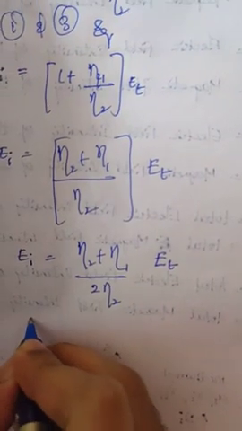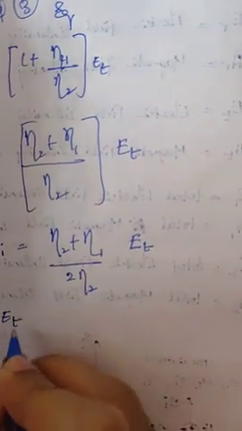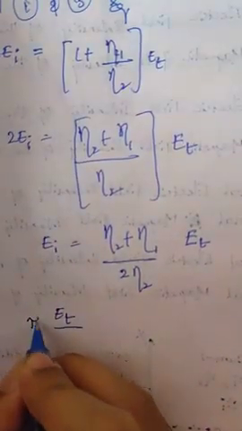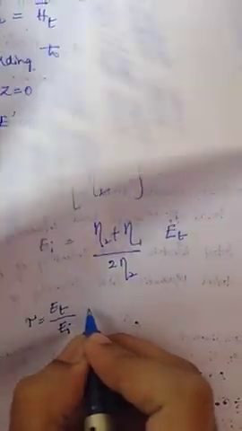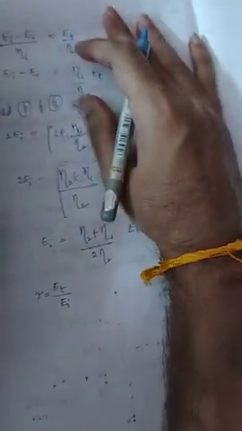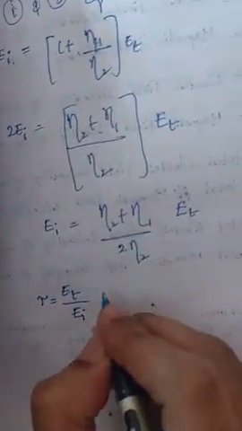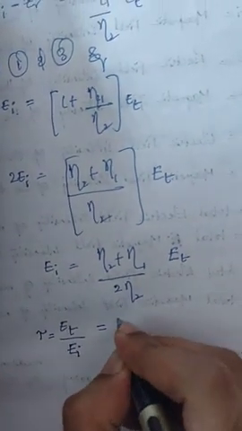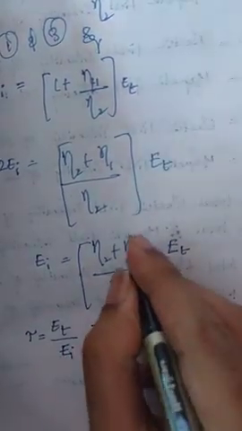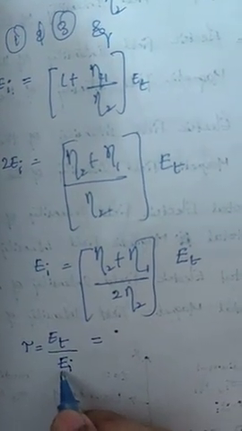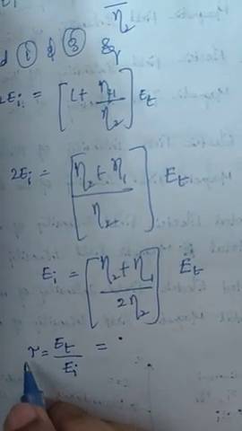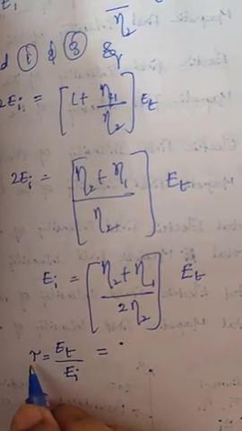Now the transmission coefficient can be represented as tau, which is equal to ET by EI. So the ratio of transmitted wave electrical intensity to incident wave electrical intensity is nothing but the transmission coefficient.